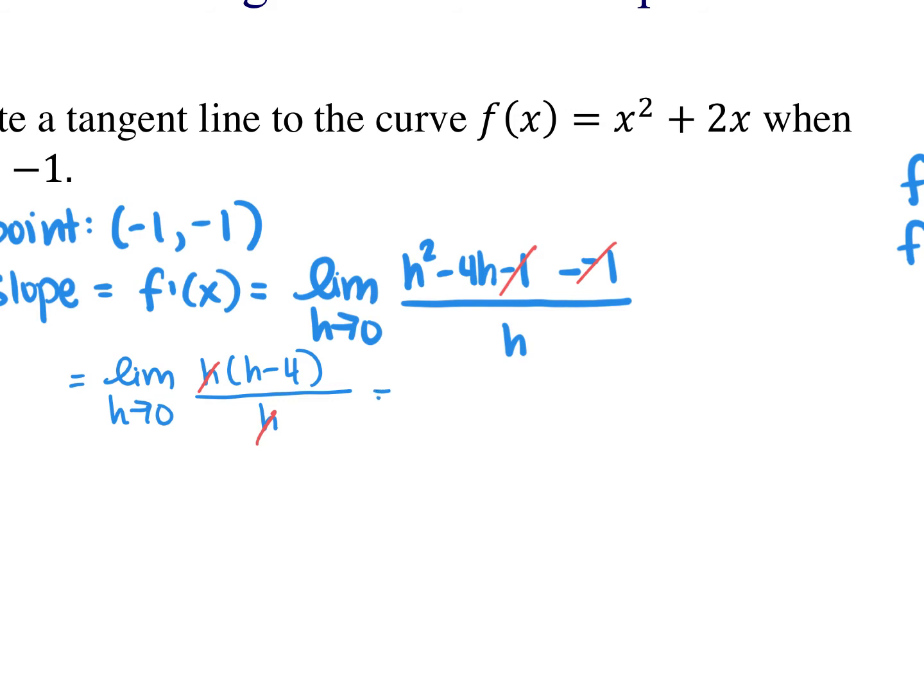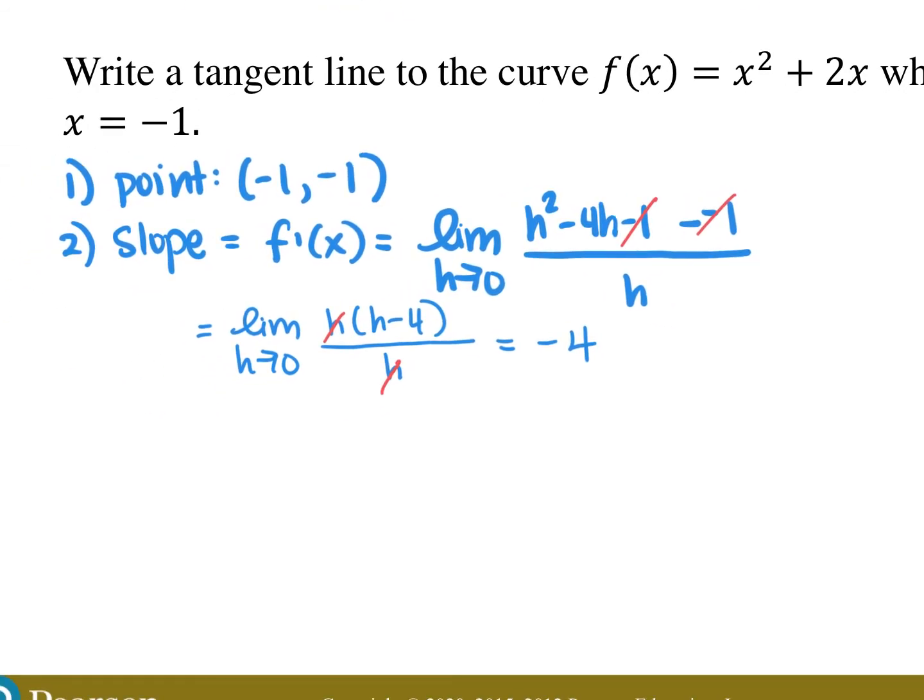And I turn out to have what numerical value? Negative 4. Okay, and that is the slope. So the point was negative 1, 1. The slope is negative 4. And then you write your tangent line.